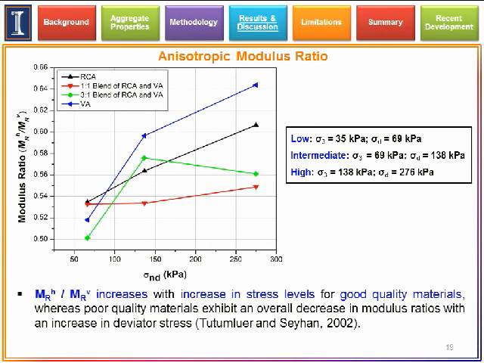If you compare the results among the four material combinations, you can see that the single source materials showed a constantly increasing anisotropic modulus ratio with increasing stress level, whereas the blended materials didn't show such an increase.